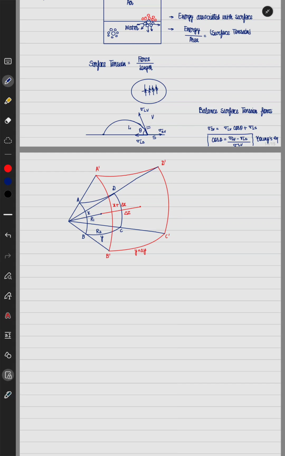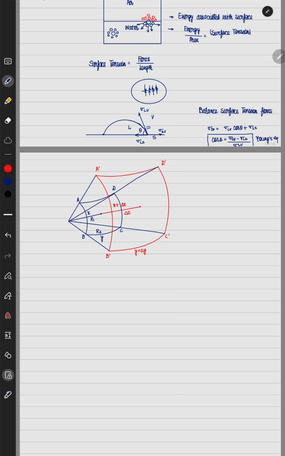Suppose I have a surface ABCD, taken from part of any body. The radius of curvature of AB and CD is the same, given by R1. The radius of curvature of BC and AD is the same, given by R2.